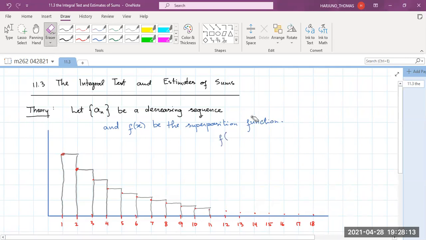I think I should say f(x) is a continuous function where f(x) is decreasing on the interval 1 to infinity. Now, because f(x) is the continuous function, it means right at 1, 2, 3, 4, and on, the graph of f(x) should hit those coordinates. You see what I mean?